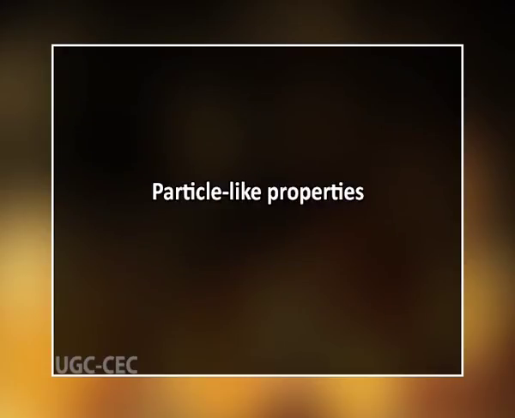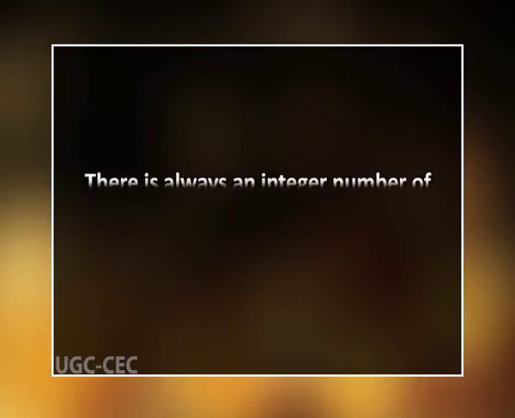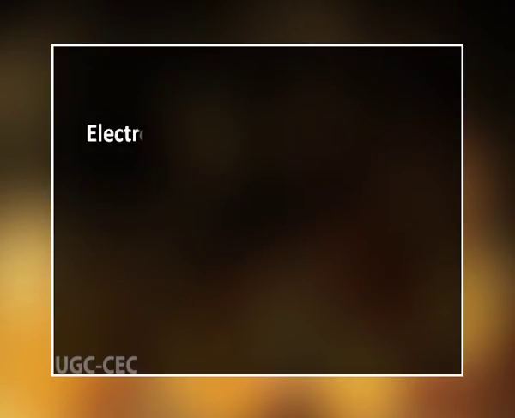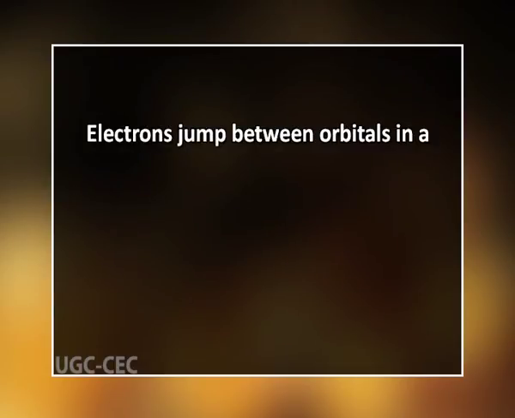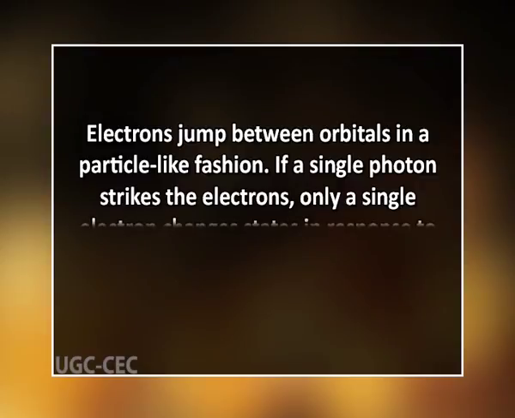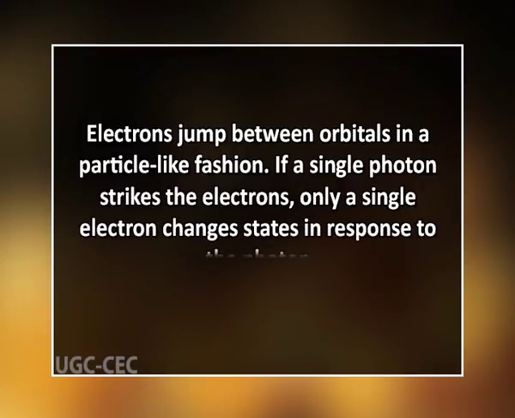Now, coming to the particle-like properties. First, there is always an integer number of electrons orbiting the nucleus. Second, electrons jump between orbitals in a particle-like fashion. For example, if a single photon strikes the electrons, only a single electron changes states in response to the photon.